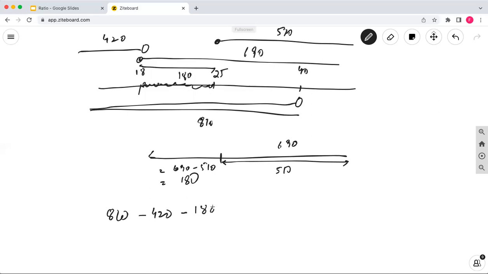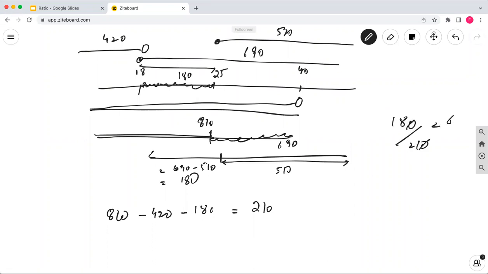So what is the answer now? That is 210, right? What we did here is we took all of the length until 40 and subtracted whatever is less than 25. So that is 210. We are asked to find the ratio of these two, 180 by 210, which is 6/7.